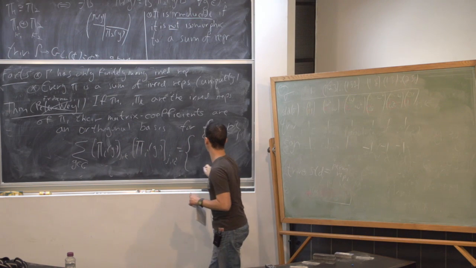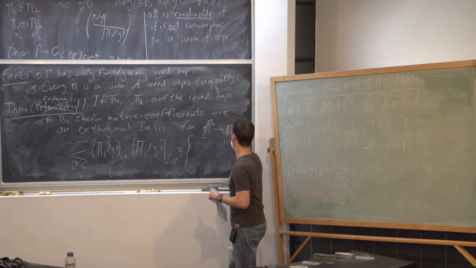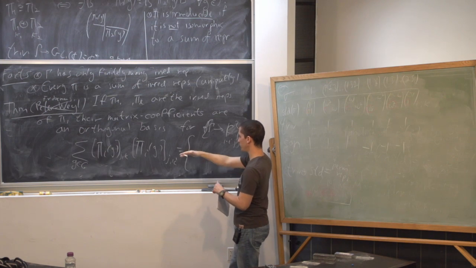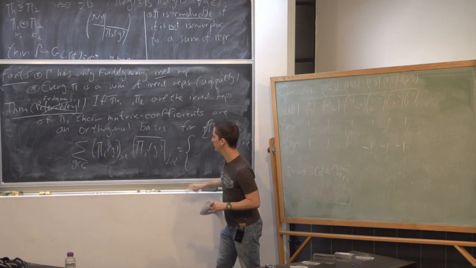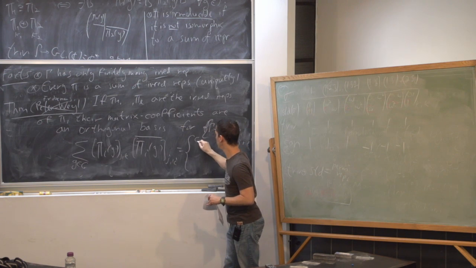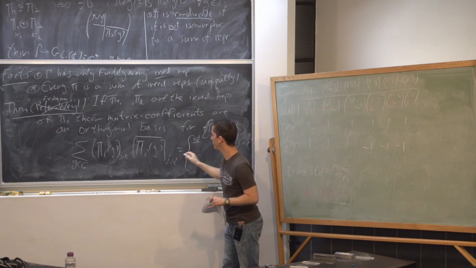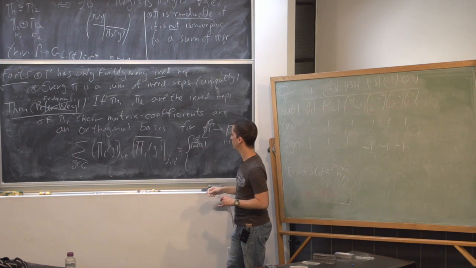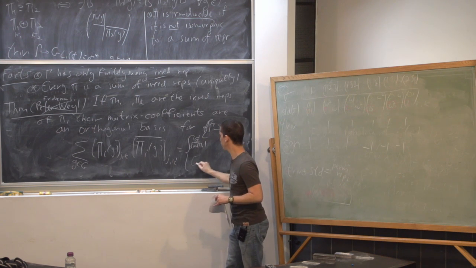Then if I equals I prime, J equals J prime, and K equals K prime, so if you have chosen the same thing, then you get G over the dimension of pi I, and otherwise you get 0.